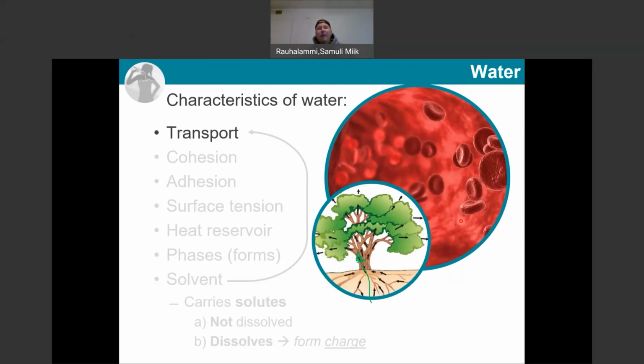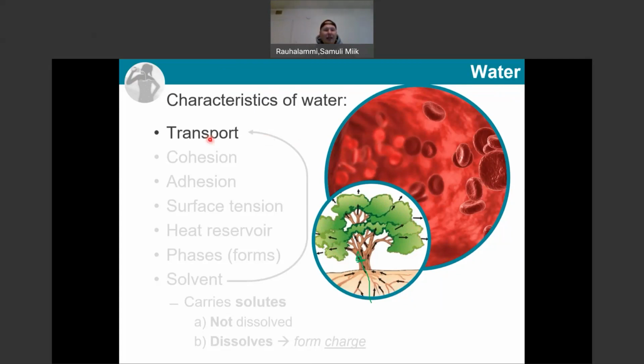But it doesn't just have to be the blood. If we look at comparative anatomy and physiology, certain insects don't have blood, they have a different kind of fluid, but the fluid does the same thing of transporting materials. Or in this case, I've included a picture of a plant. It's not just the water that we're trying to extract from the soil, it's the nutrients that get carried with the water to the tree and transported to various different parts of the plant, where these nutrients are then used for things such as photosynthesis.